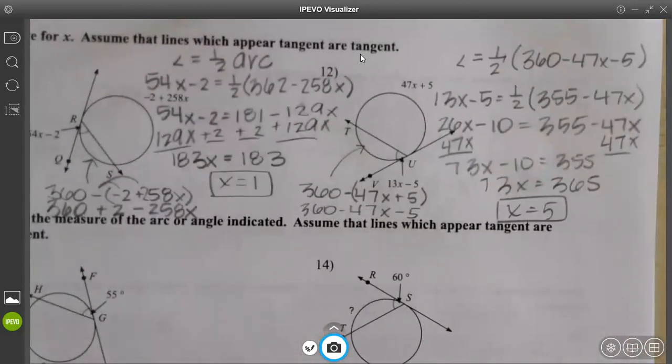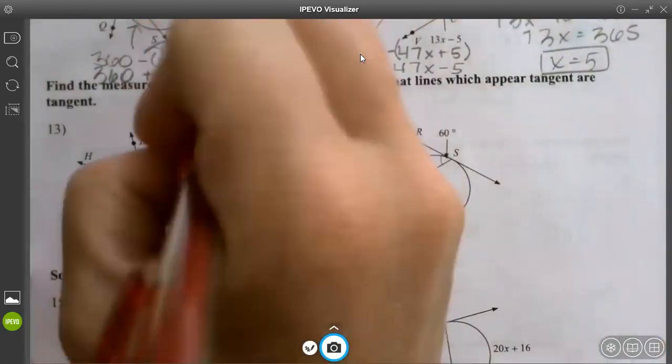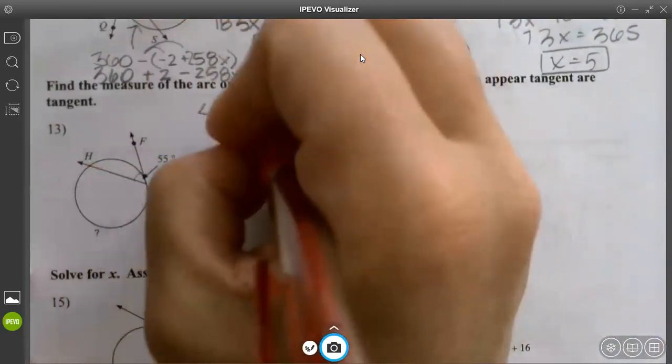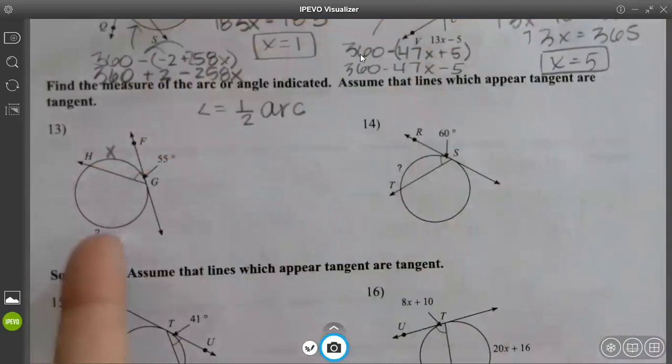Thirteen and 14 are like the other ones. So it wants us to find the big arc. So angle equals half the arc. That would be this arc, but it wants the bigger one.